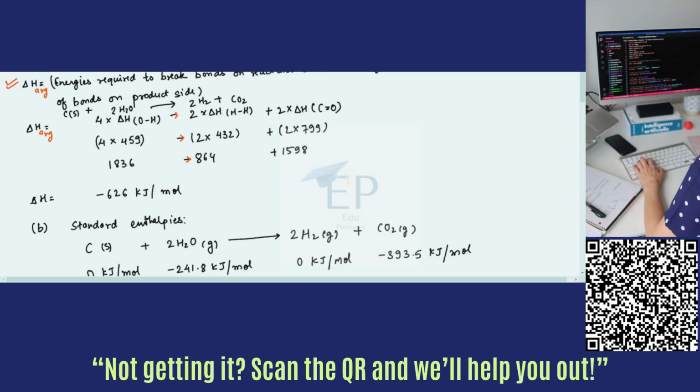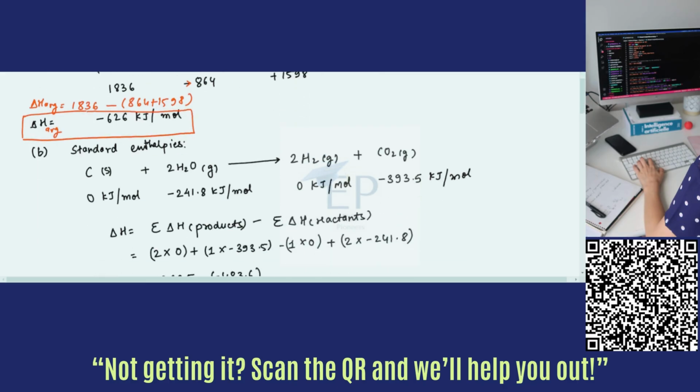So 1836, we will just subtract it because we require the average bond energies. So 1836 minus 864 plus 1598. This will give us ΔH average equal to minus 626 kilojoule per mole. So this is the average bond energy.